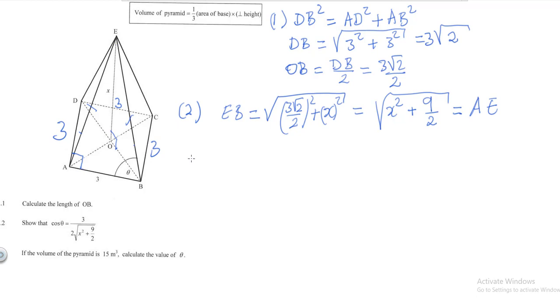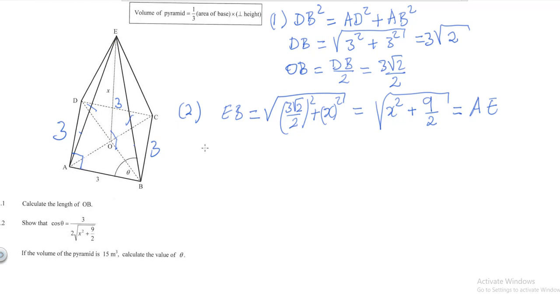Now let's use the cosine rule. Since theta is made by the side AB and the side EB, for our cosine rule, we're going to use the side AE.